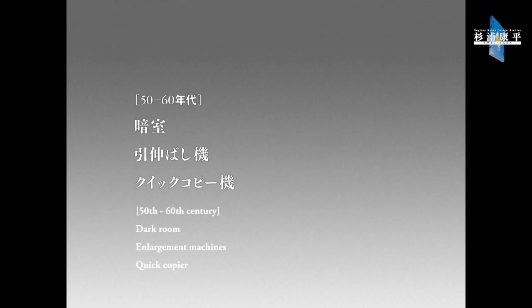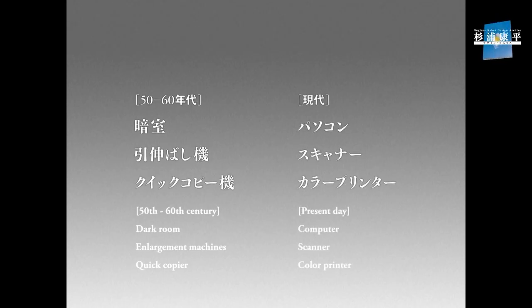These were the three sacred treasures. In the present age, we have computers, scanners, color printers. Such an environment is like an entirely different world. Rather than working under bright light, the initial design work was done in the dark in a dark room.